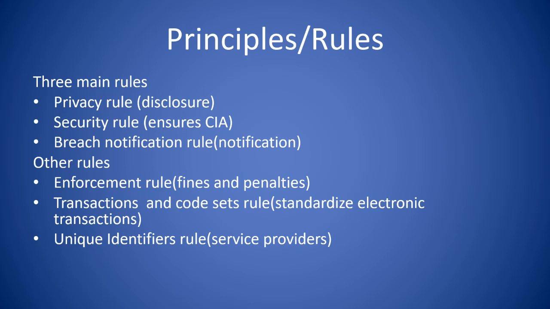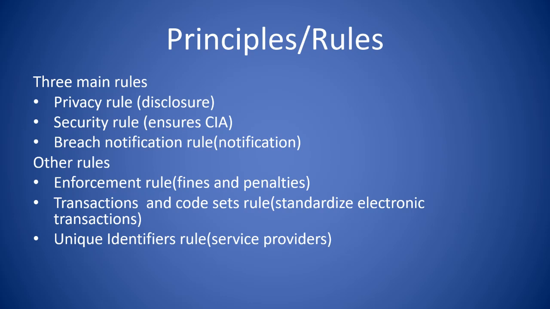It's a rule wherein the entities are obliged to send a notification in case a breach occurs. Then there are other rules like the enforcement rule. It talks about fines and penalties. Then the transaction and code set rule, which standardizes the e-transactions, and the last one, which is having a unique identifier for each service provider.